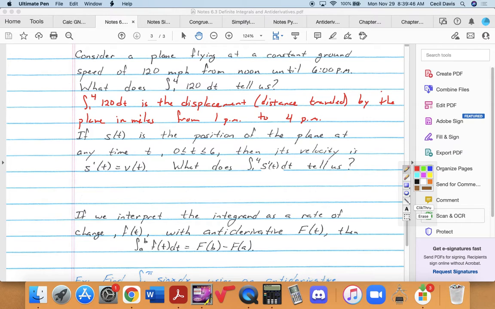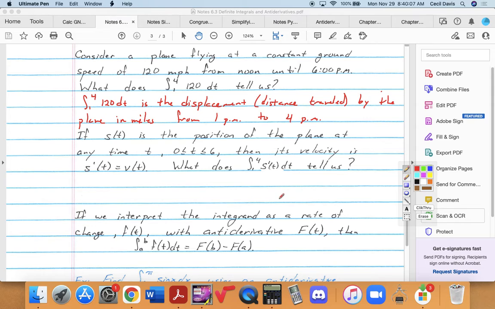All right, so next part. If S of t is the position of the plane at any time t between 0 and 6, then its velocity is S prime of t, equal to V of t, right? So what does the integral from 1 to 4 of S prime of t tell us?